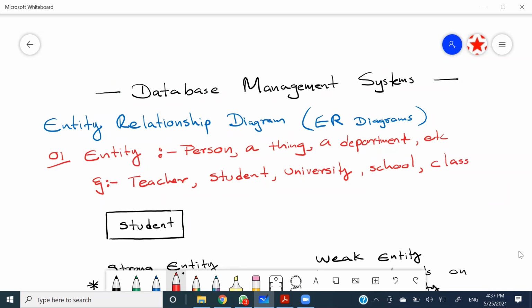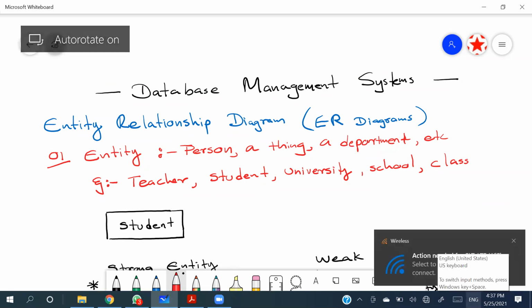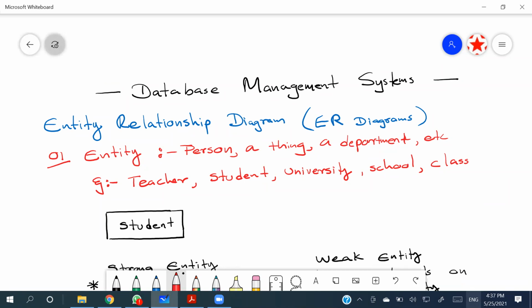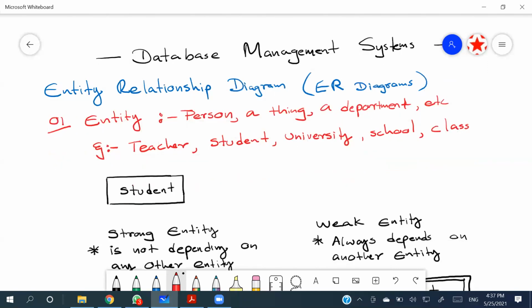We discussed database management systems, and I told you we are going to learn how to create a particular database, as well as what the components are that we have to understand when we are doing a particular database design, right? So I told you to do that.